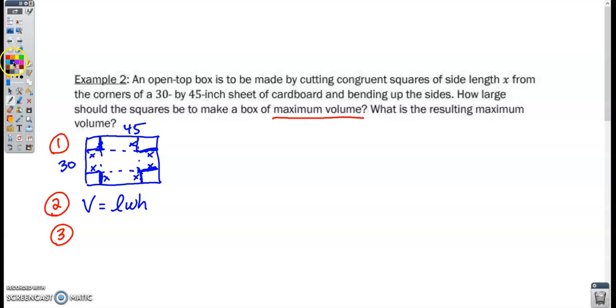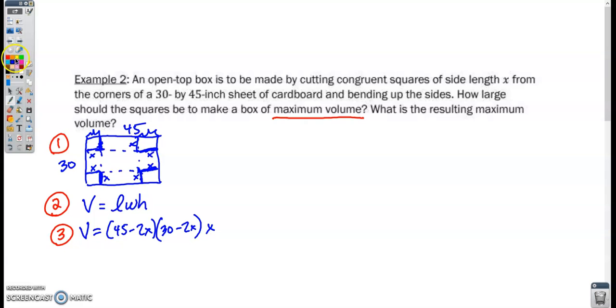And when I bend these sides up, one side is 45 minus these two distances, so it's the quantity 45 minus 2x. The other side is the quantity 30 minus 2x, and then the depth of our box is just going to be x. So there's our expression for volume.